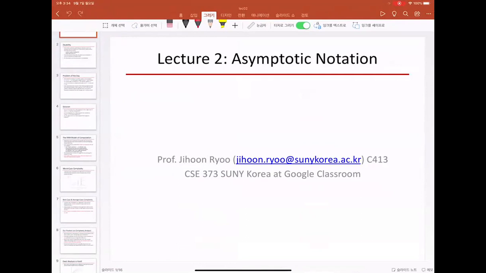When the values are big enough, I can estimate that your program is slower than this and faster than this, and I can guarantee that. That is asymptotic notation. We use it because we don't know precisely, but we can estimate roughly.